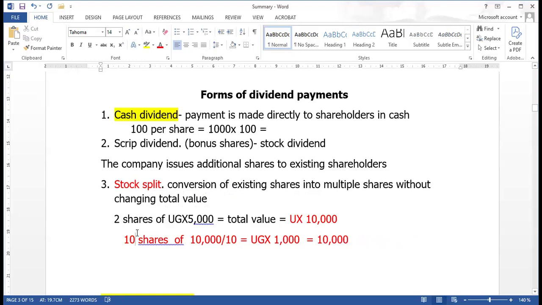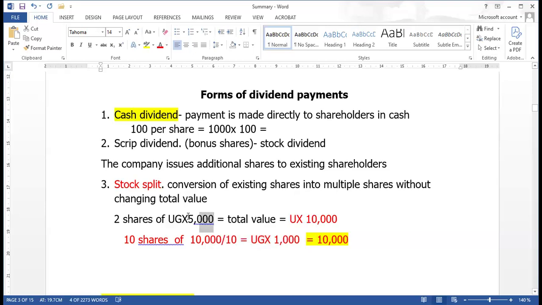You are converting the existing 2 shares into 10 shares, keeping the total value the same, but proportionately reducing the share price.